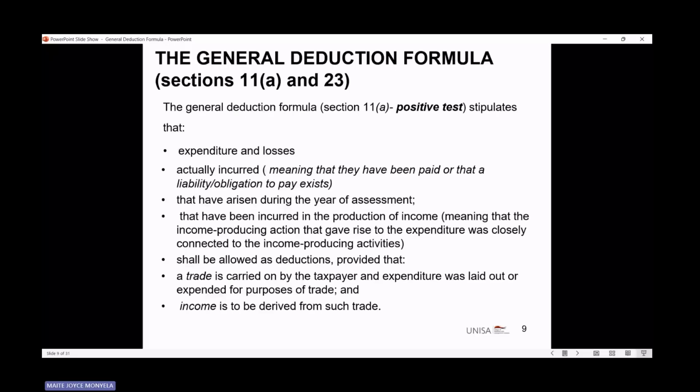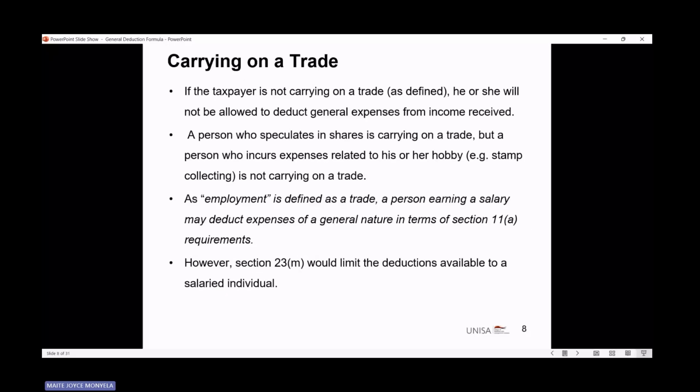However, Section 23 will limit the deduction available to a salaried individual. Employment, as we saw, is defined as a trade. A person earning a salary may deduct expenses in terms of the Section 11A requirements that we just spoke about. However, even though employment qualifies as a trade and the person qualifies to deduct under the general deduction formula in terms of Section 11A, there will be a limitation under Section 23M.